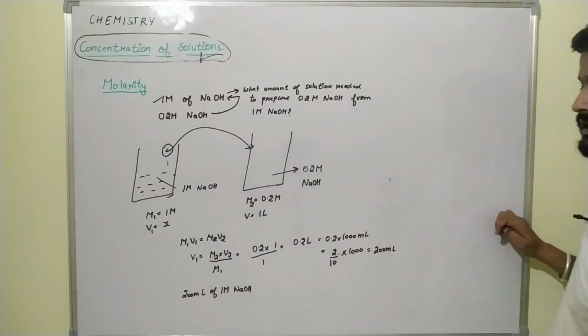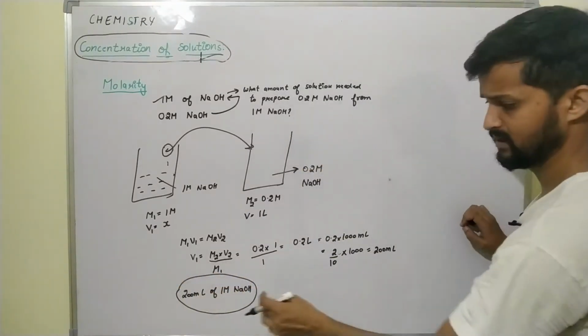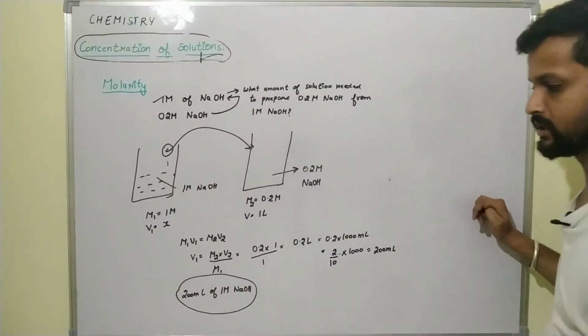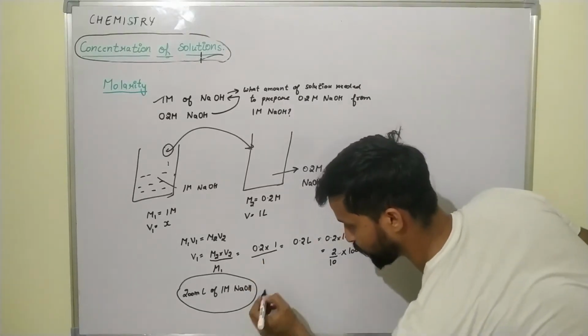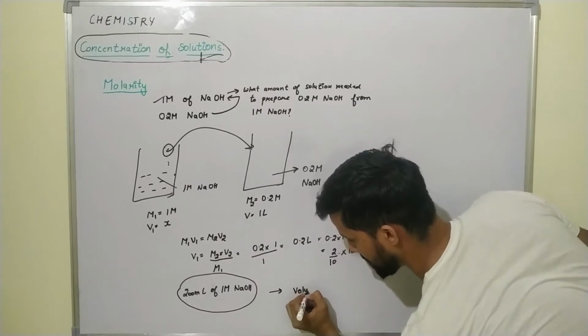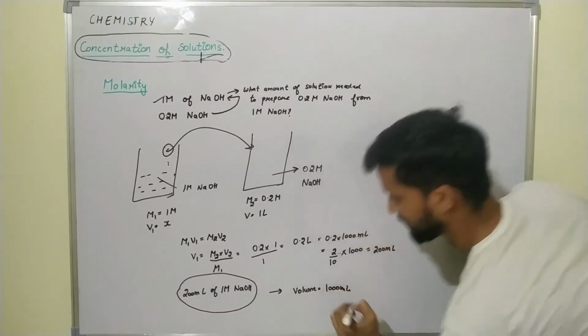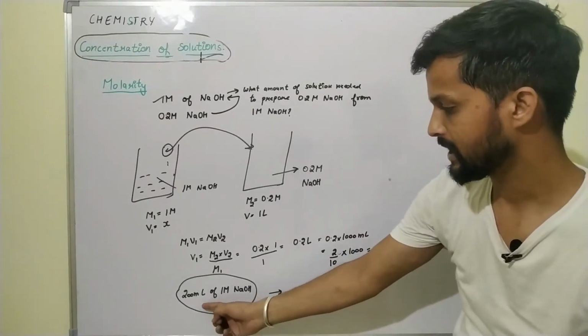Clear? And after taking 200 ml of 1 molar NaOH, we add water so that its total volume becomes 1000 ml. Means at that time we add 800 ml.